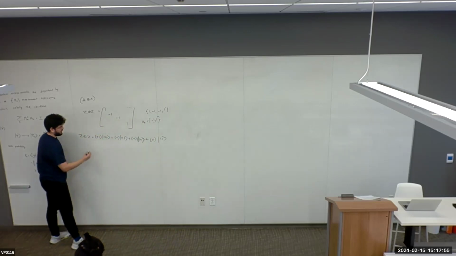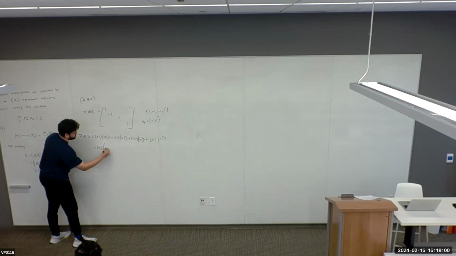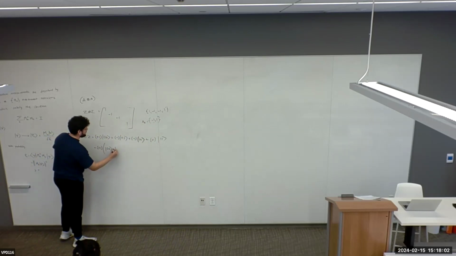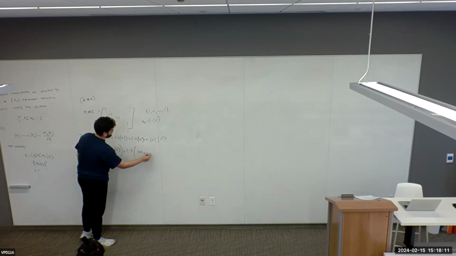So we can now write this as plus 1 times outer product of 00, plus 1 times outer product of 11, plus minus 1 times outer product of 01, plus outer product of 10.